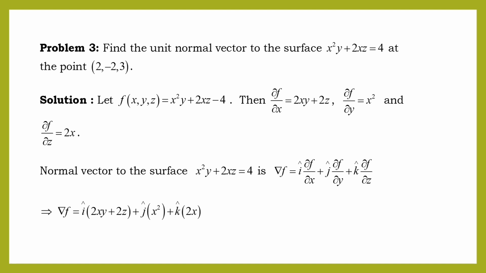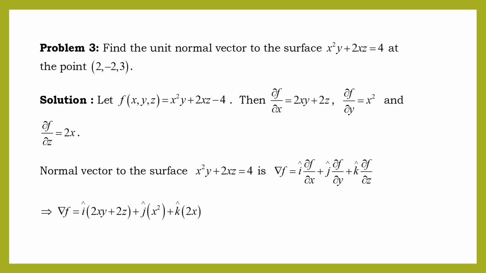Now, we have to find the normal. Normal to the surface means gradient only. It is sufficient if we find the gradient. For this surface, del f equals i cap dou by dou x plus j cap dou by dou y plus k cap dou by dou z. Here we have to plug in our values of partial derivatives.